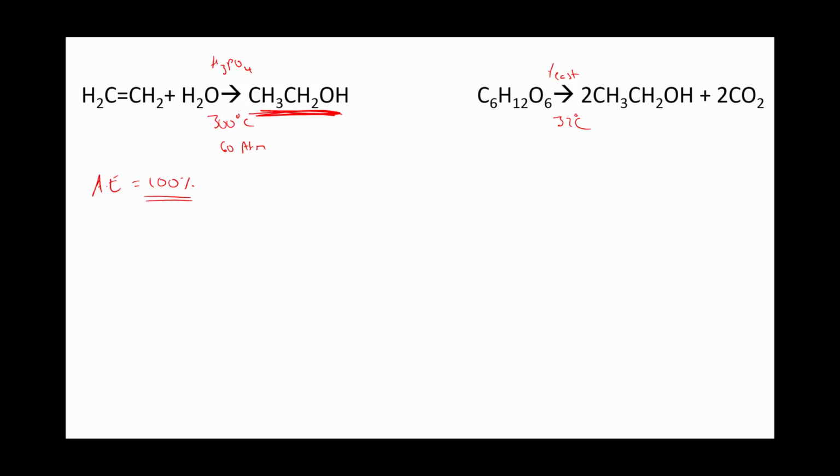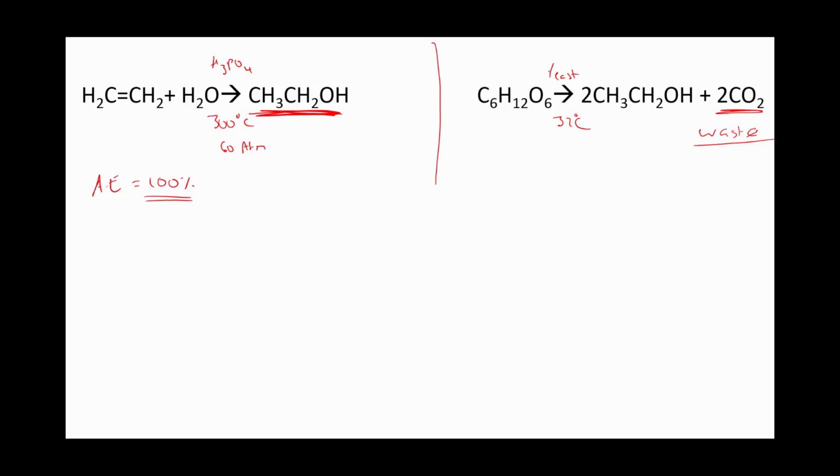However, let's have a look at the atom economy on the one on the right, the fermentation of ethanol, where we're forming both ethanol and carbon dioxide. Now, obviously, carbon dioxide is going to be a waste. It's something that we do not want. So, how do we work out the atom economy for this example here?